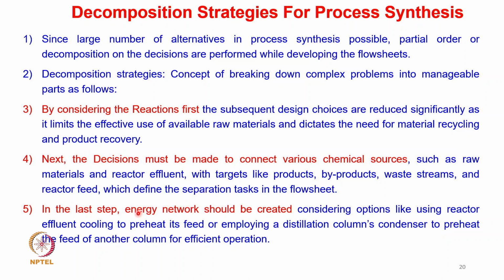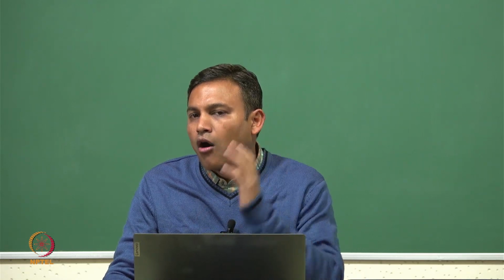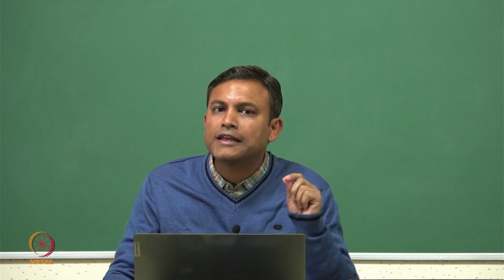the last step, we look at the energy network, considering options like using reactor effluent cooling to preheat its feed, or employing a distillation column's condenser to preheat the feed of another column for efficient operation. So what we are saying here is, very often in the last step, whatever effluent is coming from the reactor, if it is at a hot condition, this hot effluent can be used for preheating the feed.